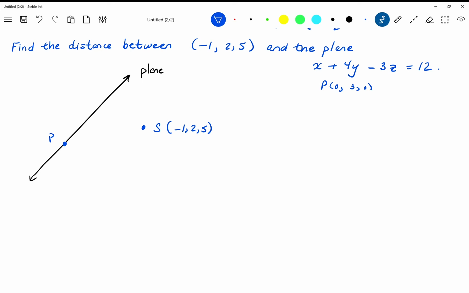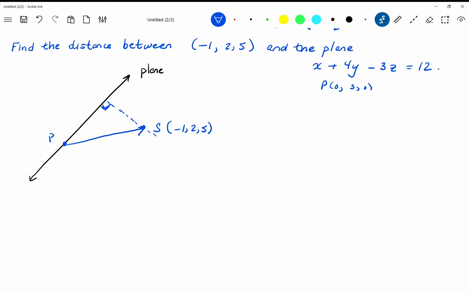And what we do is we look at the vector PS, or the line segment PS, and we compare it to the normal vector. The normal vector runs this way, and we know that's a right angle because the normal vector is perpendicular to the plane.